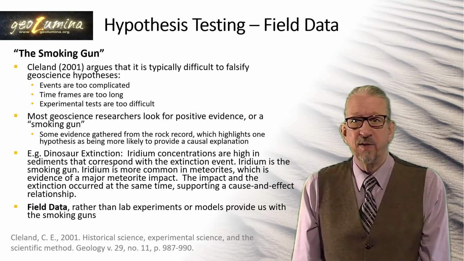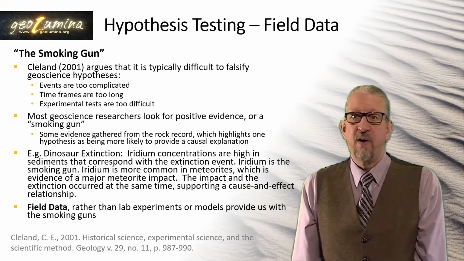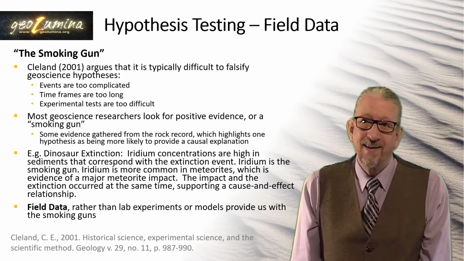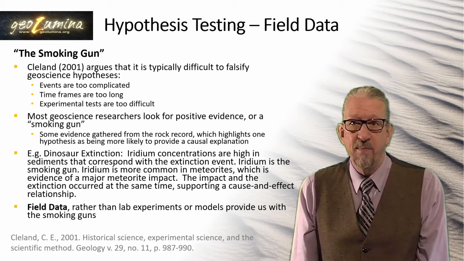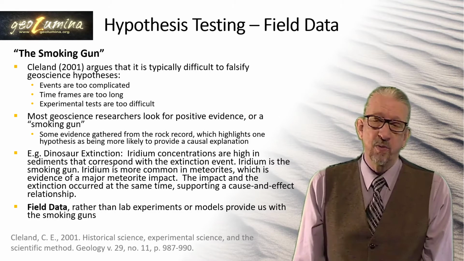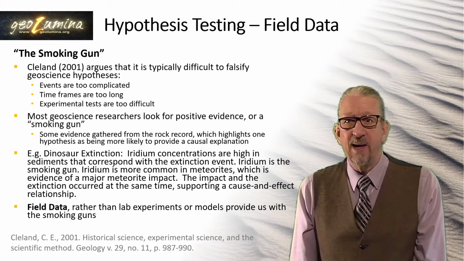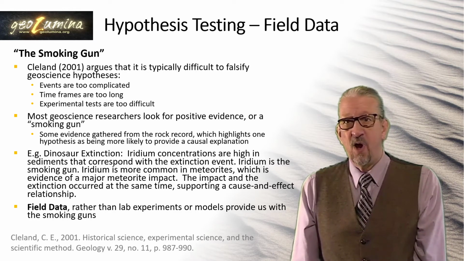Now, iridium is present on Earth, but in very low quantities, but it is very, very common in meteorites. So the hypothesis then was formed that there might be a meteorite impact at that time.